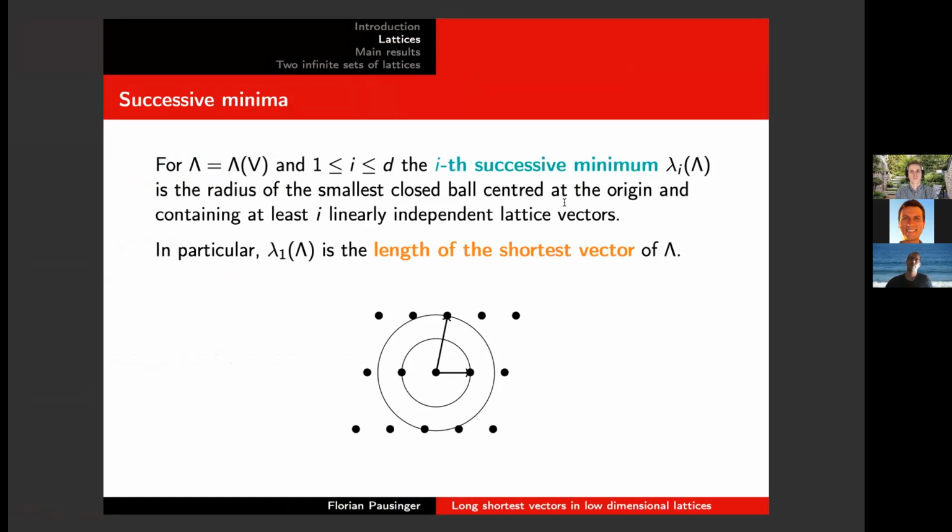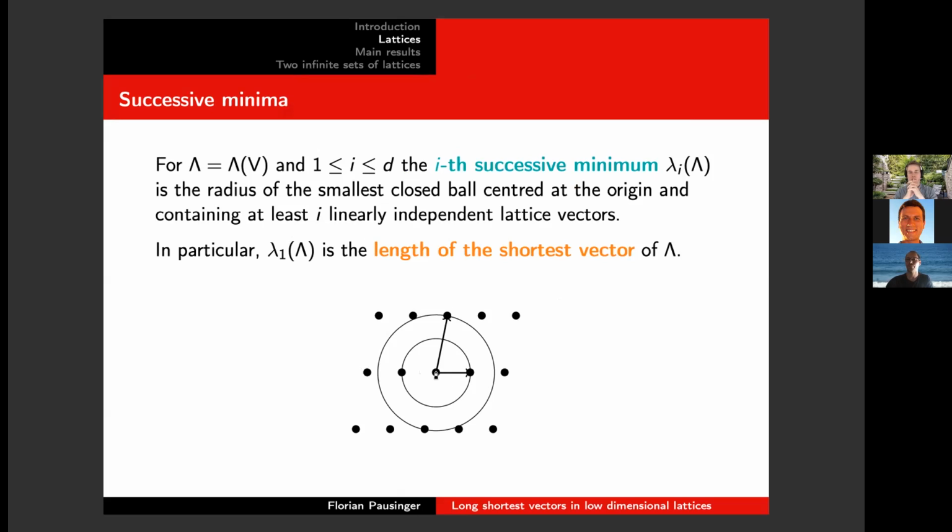And another very classical notion in the context of lattices is the so-called ith successive minimum lambda_i, which is the radius of the smallest closed ball centered at the origin that contains at least i linearly independent lattice vectors. So I have tried to illustrate this here. If this is our point 0, 0, then we can grow a circle around 0, 0 until we reach the first point of the lattice.